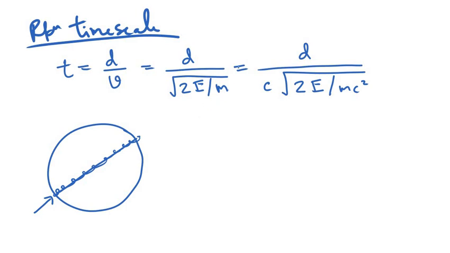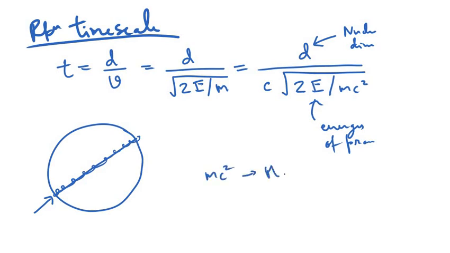So in this expression here, d is the nuclear dimension, and E is the energy of projectile, and mc square is the mass in MeV, right? Of course, c is the velocity of light. Now let us consider a proton.